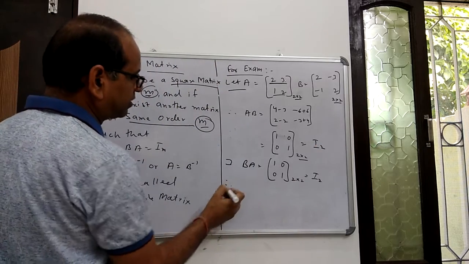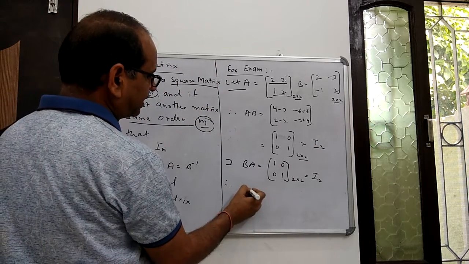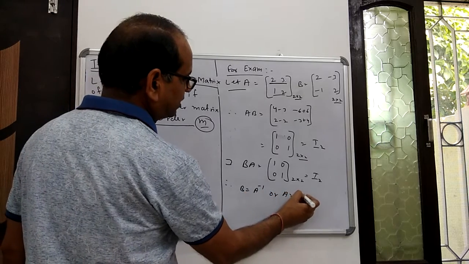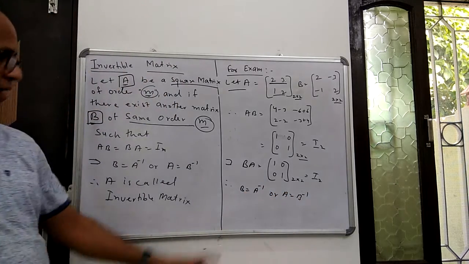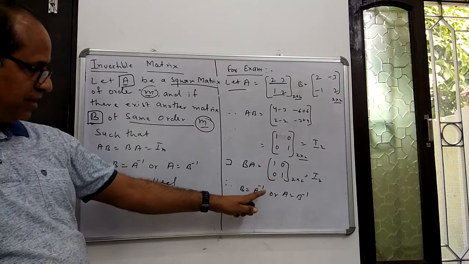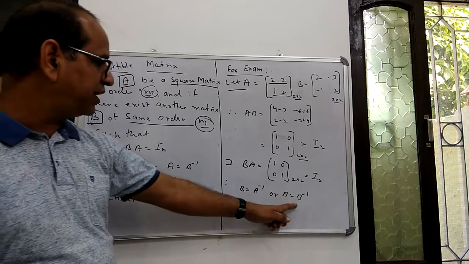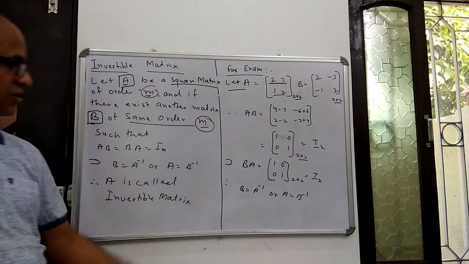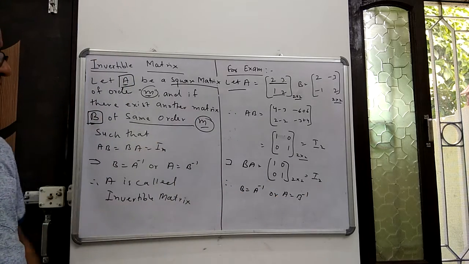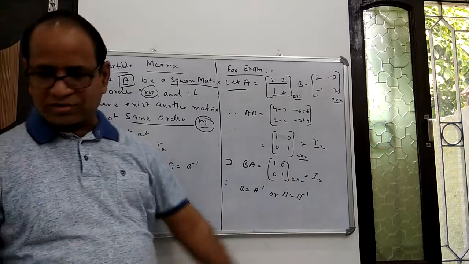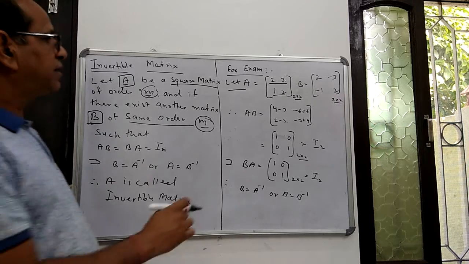So we can say here that B is equal to A inverse or A is equal to B inverse. We write A power minus 1, but we read this as A inverse or B inverse. So here we can say that B is the inverse of A or A is the inverse of B.